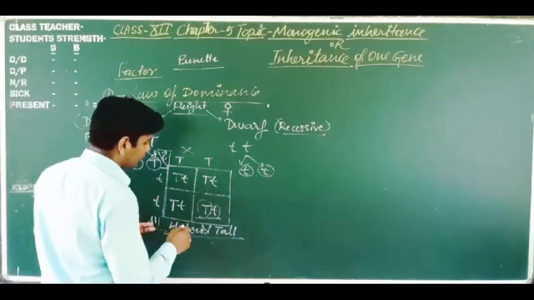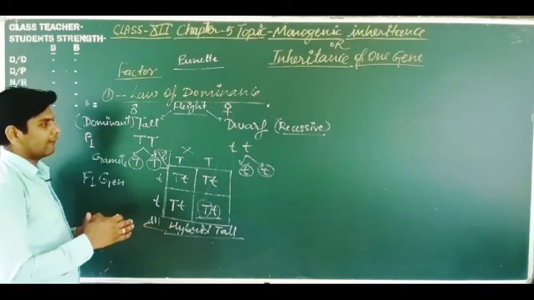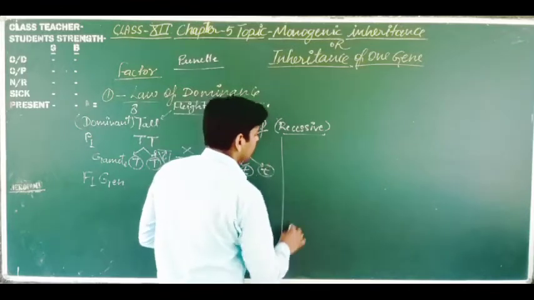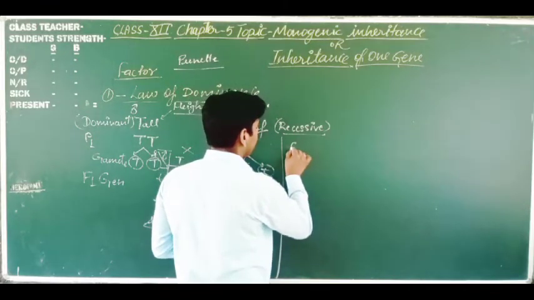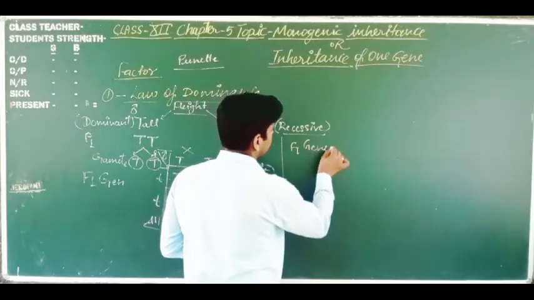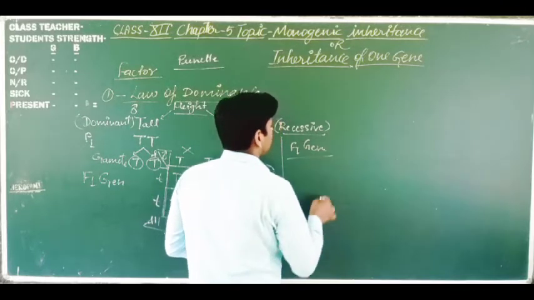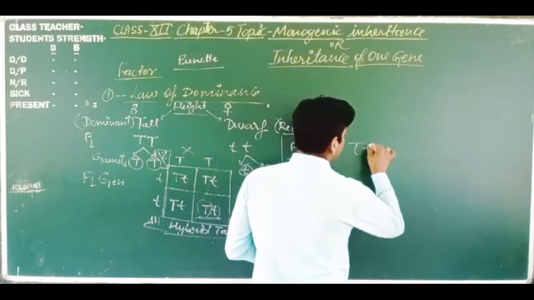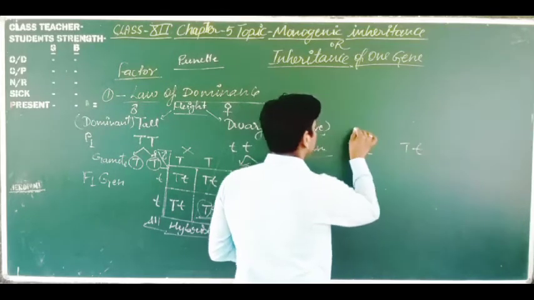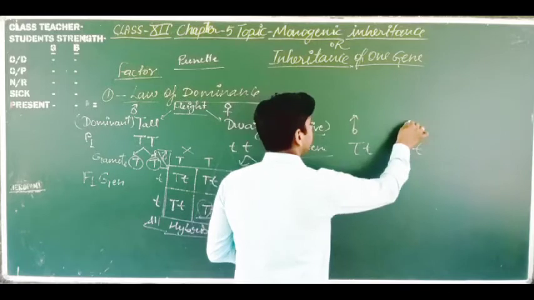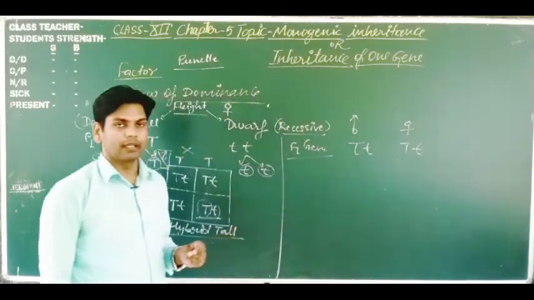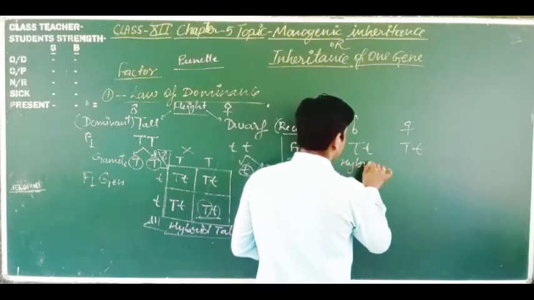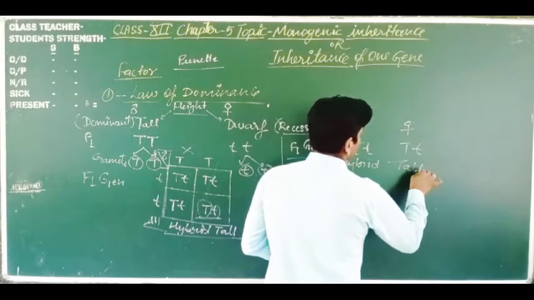Okay, so let's discuss. We will extend this cross till the F2 generation. Suppose these are the members of the F1 generation. We are seeing one as male and the next one as female, and these two are hybrid tall. Got it?